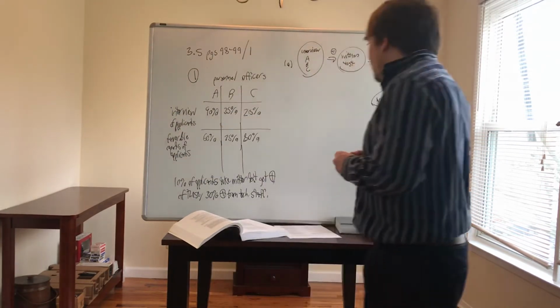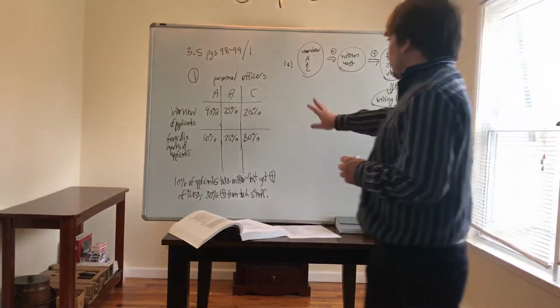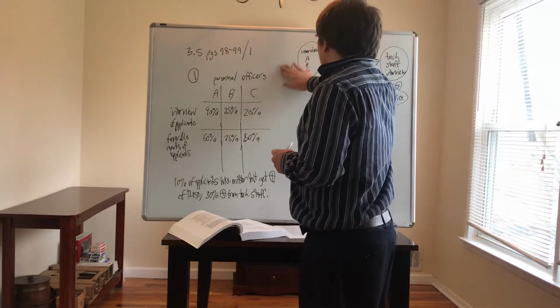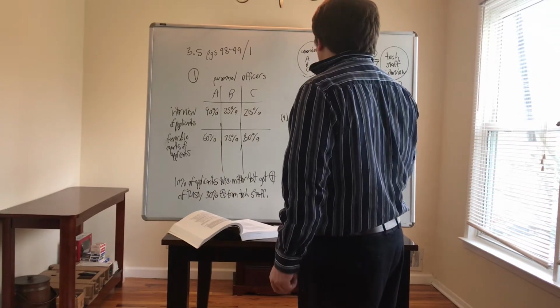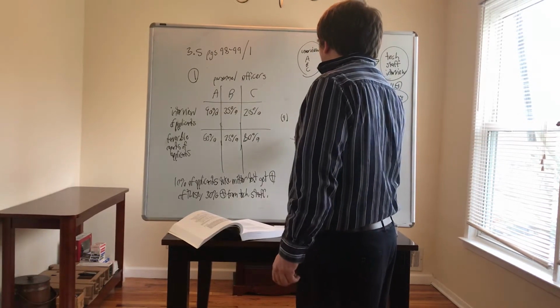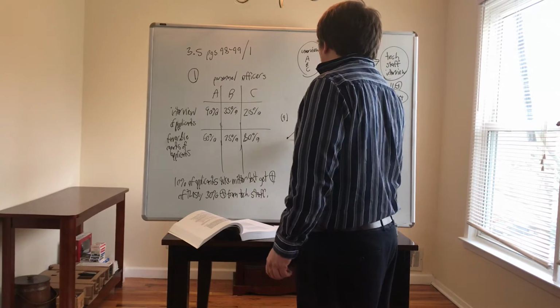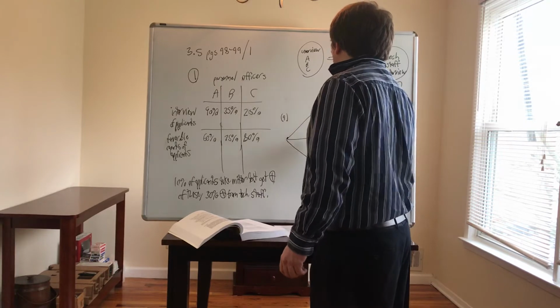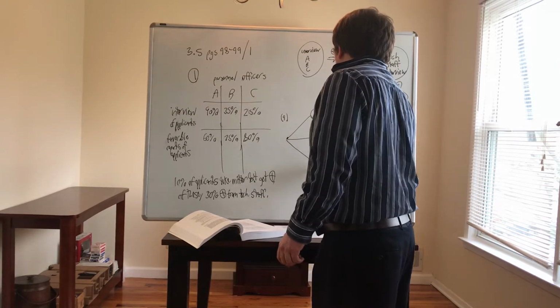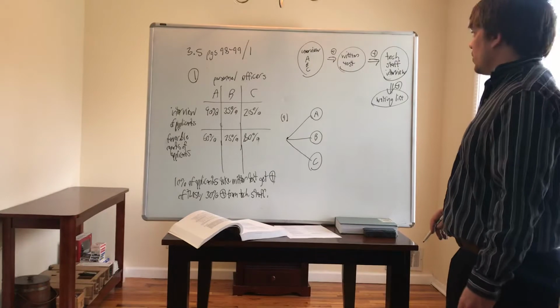Okay, so draw a tree diagram. This is not the tree diagram. This is just to help me draw the tree diagram. So let me write A over here. So first, we're going to start at the beginning here. And now there's going to be an interview among one of three. You're going to be interviewed by A, B, or C, the personnel officers.